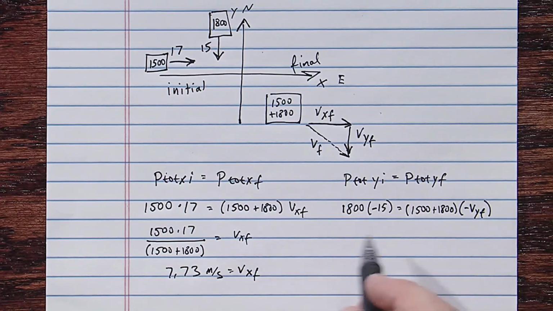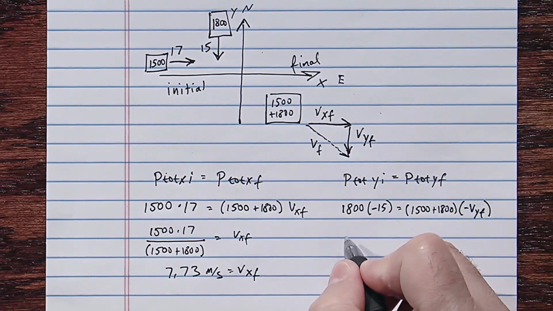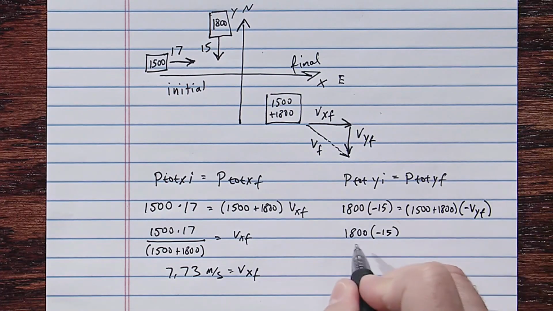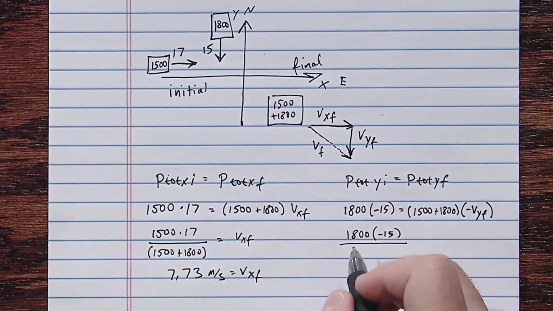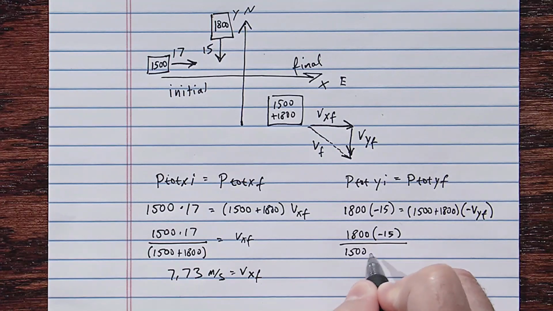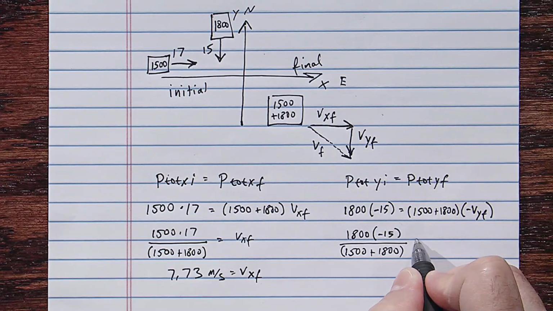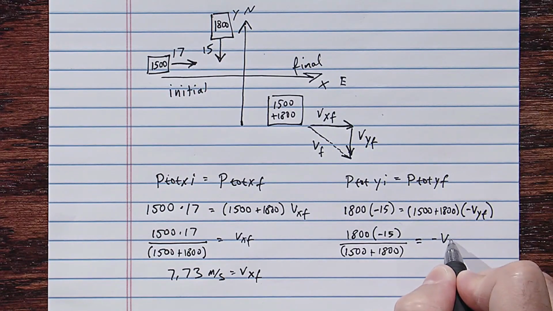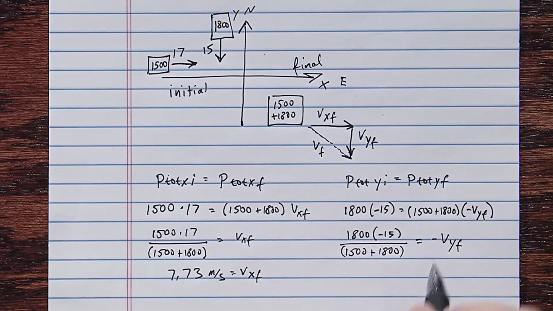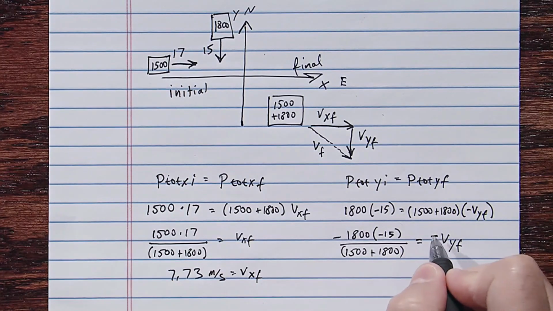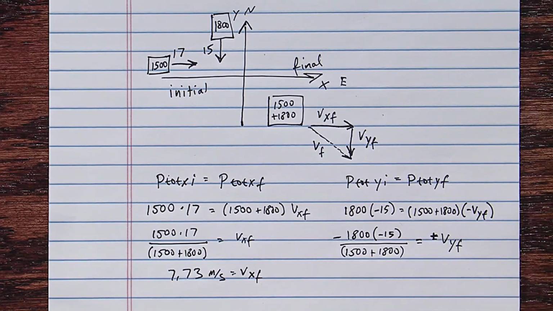And over here in the Y direction, we would have 1,800 times negative 15 divided by 1,500 plus 1,800 is equal to negative Vy final. There's a negative sign right there. So I'll also multiply both sides by negative 1, which will cancel out that negative sign.